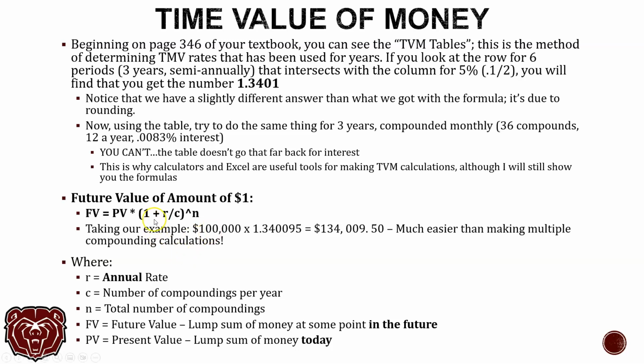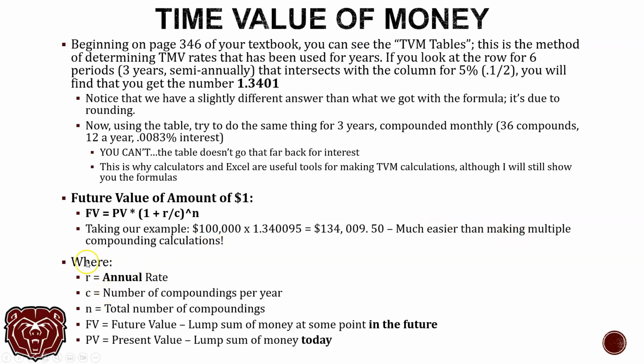Okay. So what is $100,000 today worth tomorrow? Okay. So let's take our example. $100,000 times the rate that we found, 1.340095. That equals $134,009.50. This is much easier than making multiple compounding calculations.